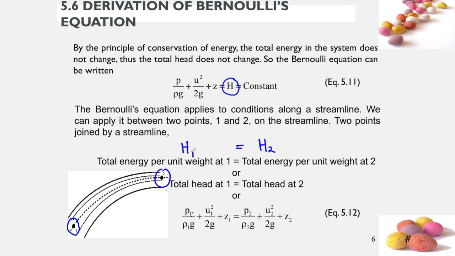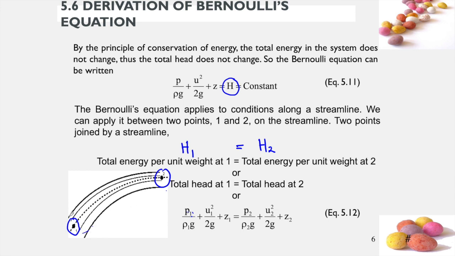So from here, we know that the total energy at point 1 is equivalent to the total energy at point 2, because conservation of energy says that the total energy in the system does not change.